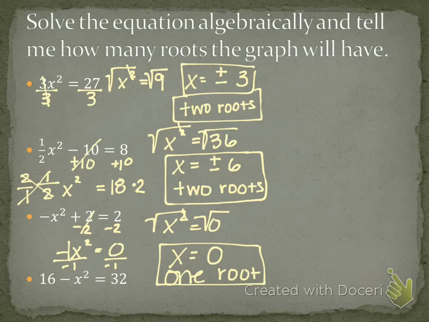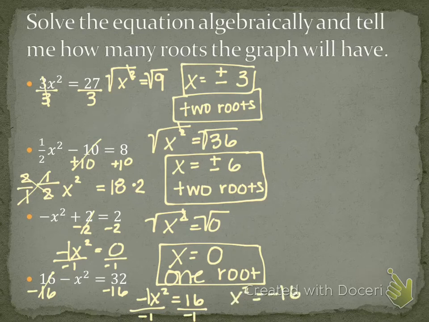Last but not least, let's look at this problem here. What should I do first? Jocelyn? Subtract 16. Perfect. I get negative x squared is equal to 16. What would I do now, David Burwell? Divide by negative 1, and I get x squared is equal to negative 16.